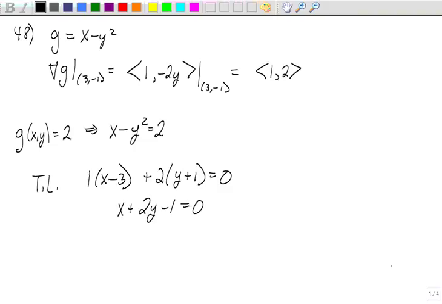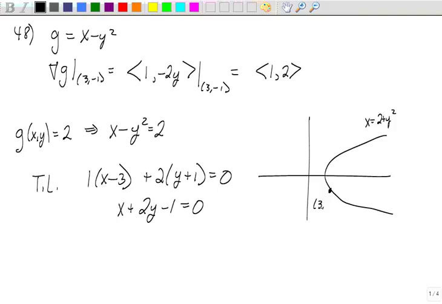Now the graph of this, we don't need Maple for this, is a parabola. This is x equal 2 plus y squared, a sideways parabola. And at the point 3, negative 1, the gradient of g is 1 in the direction of 1, 2.